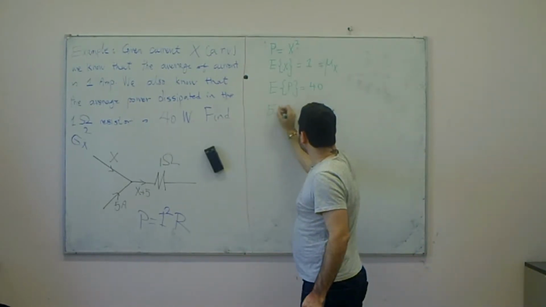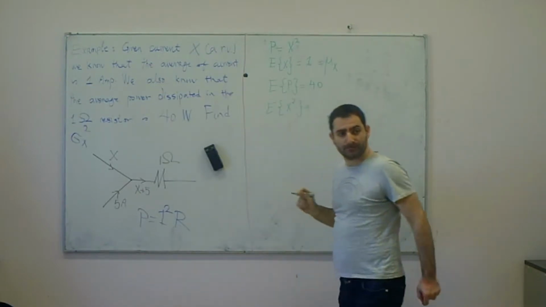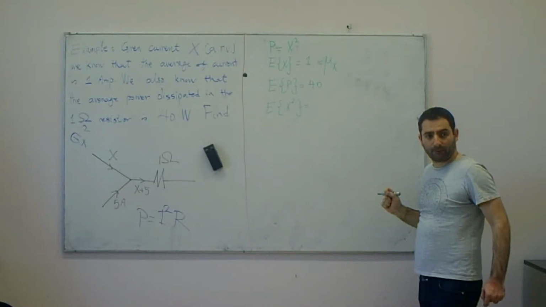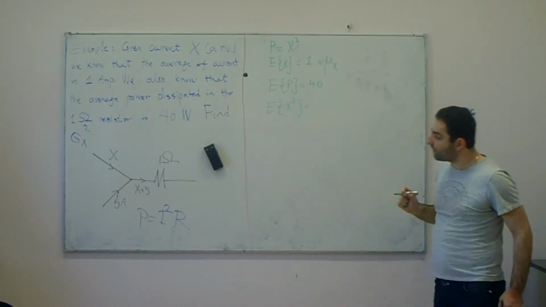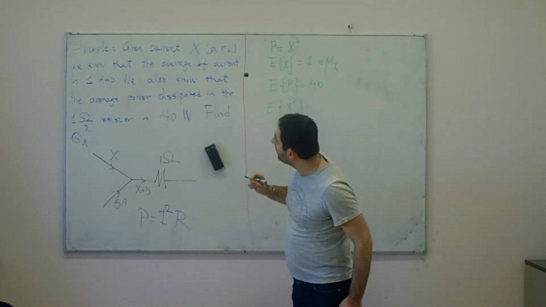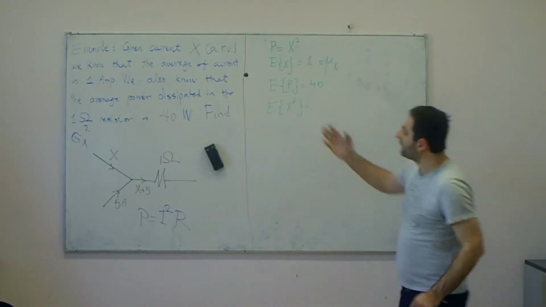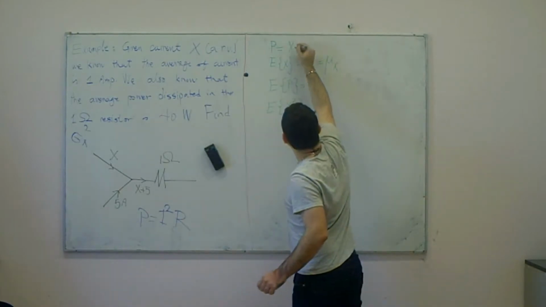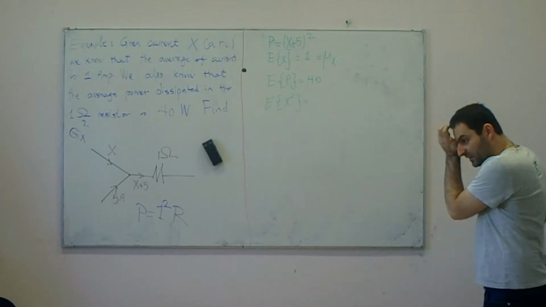But we know that P is x squared, right? Isn't this x plus 5 squared or something? The current passing through this 1 ohm resistor is x plus 5. The average x is 1. Oh, the power here is, yes, x plus 5 squared multiplied by 1.